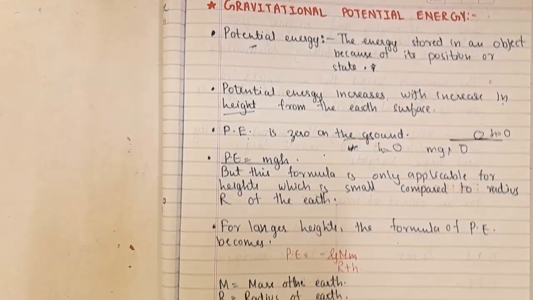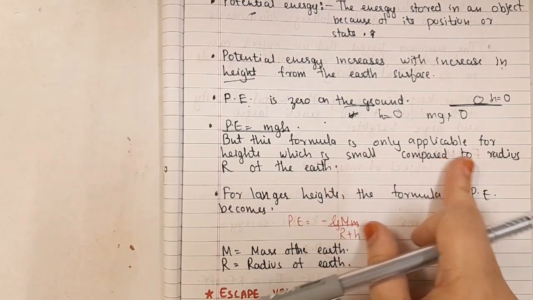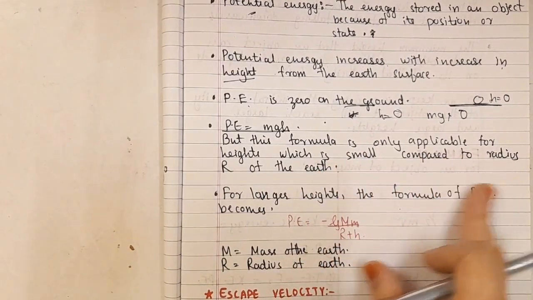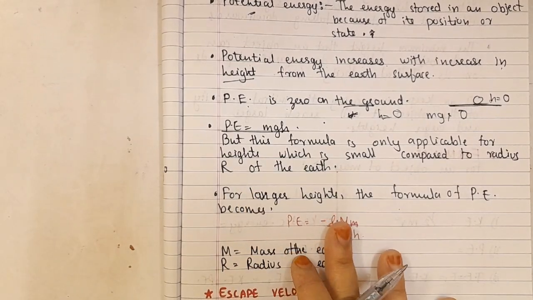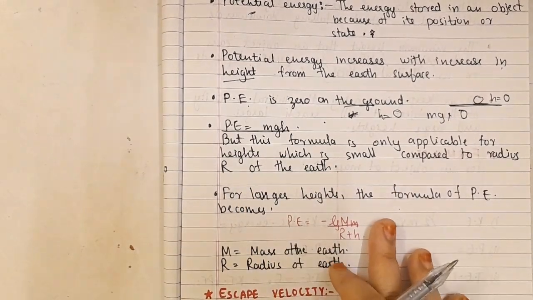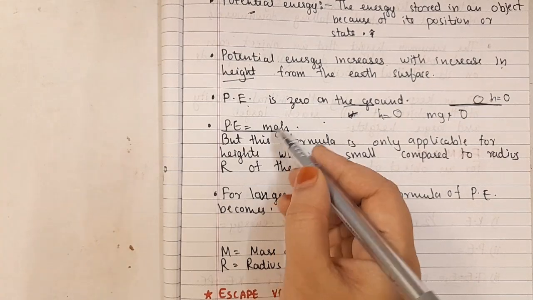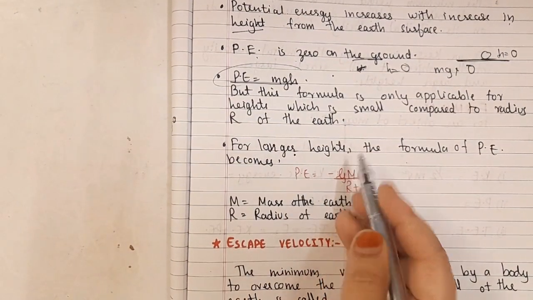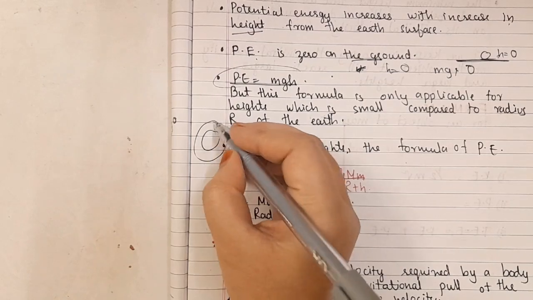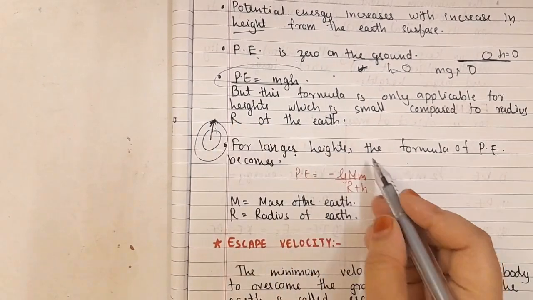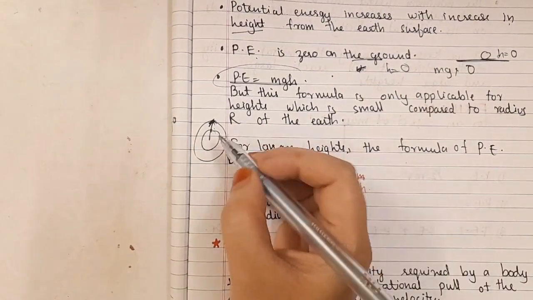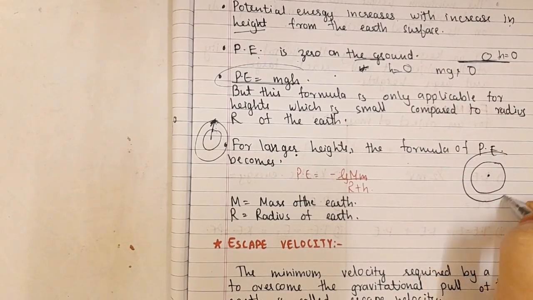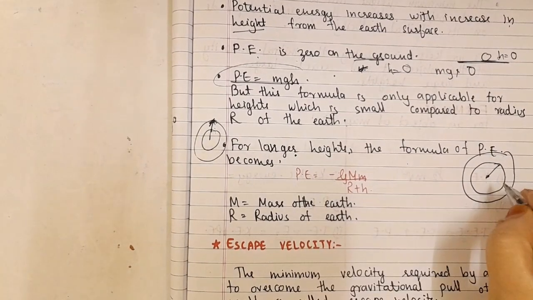On the ground it is 0, but this formula is only applicable for heights which are small compared to the radius of the earth. All right, so for smaller distances we can use this formula, but for larger heights, that means compared to the radius of the earth, suppose this is the earth, okay, and this is the radius of the earth, this is r.